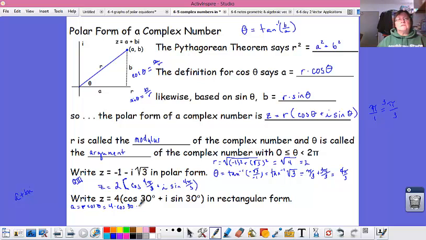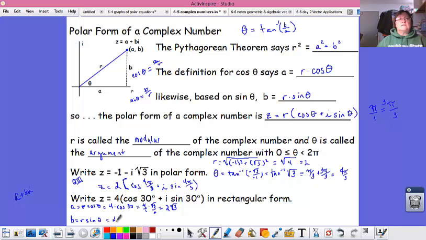And from your unit circle or your trig reference sheet, the cosine of 30 is root 3 over 2. So we're talking 4 times root 3 over 2, which is, that cancels, so 2 root 3.